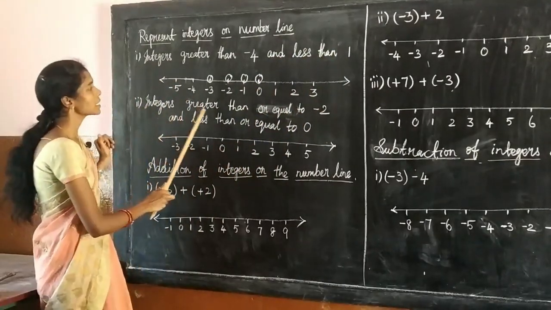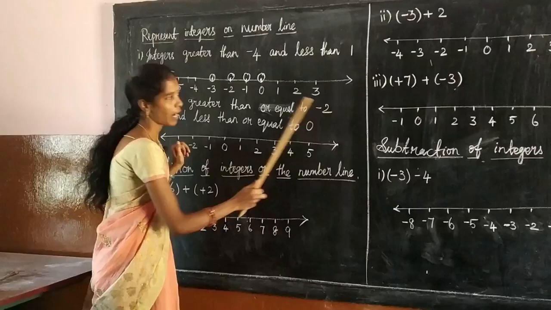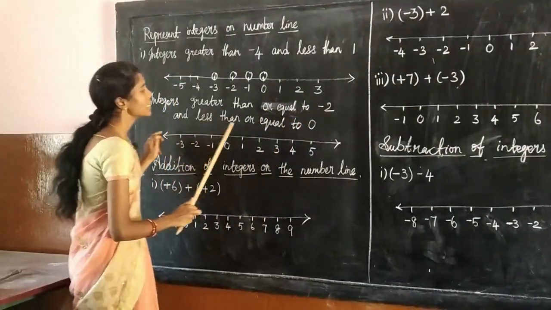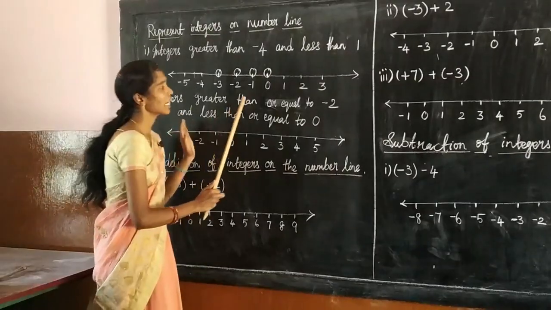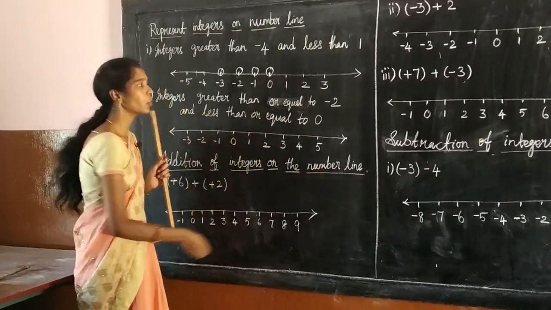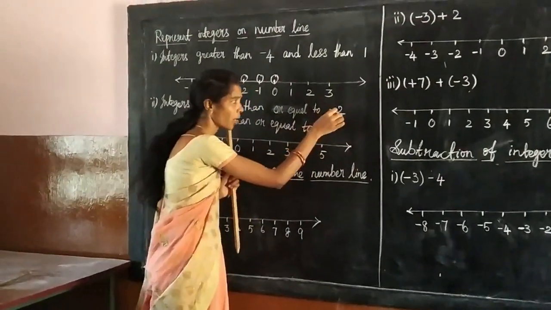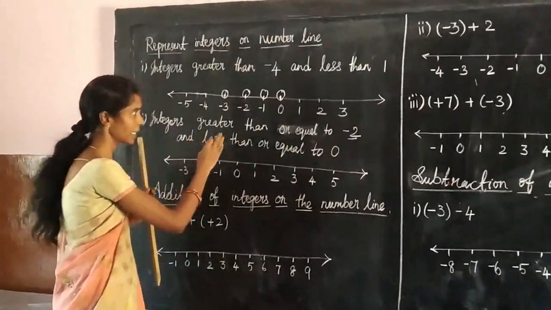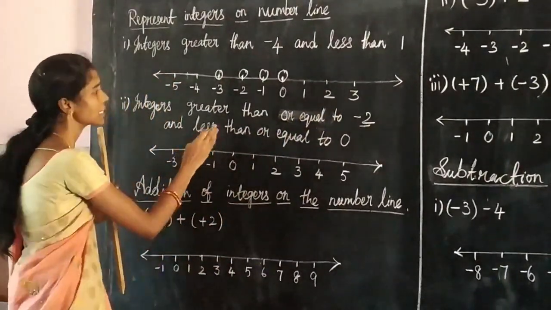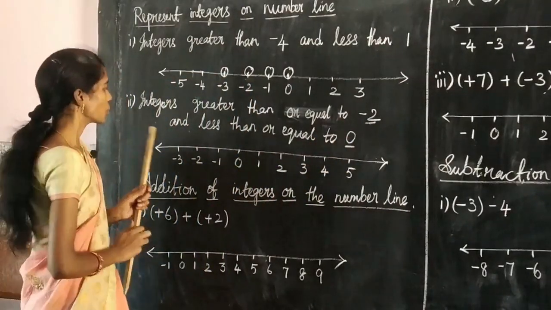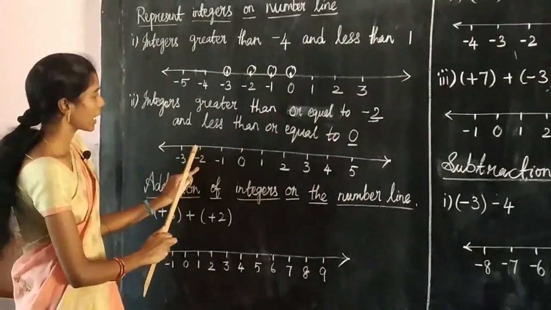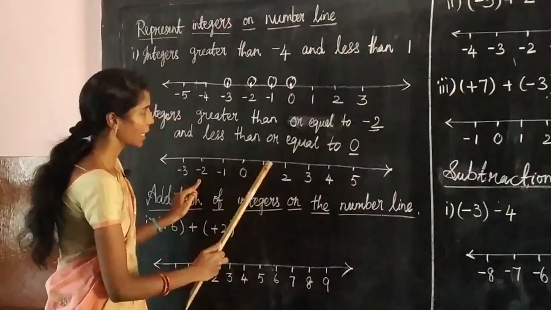Next, integers greater than or equal to -2 and less than or equal to 0. Okay. So, here it is given greater than or equal to. So, we have to include that number also. We have to mark -2 also because it is given greater than or equal to, and less than or equal to, so we have to mark 0 also. So, -2 is here. Greater than means we have to look at the right side.